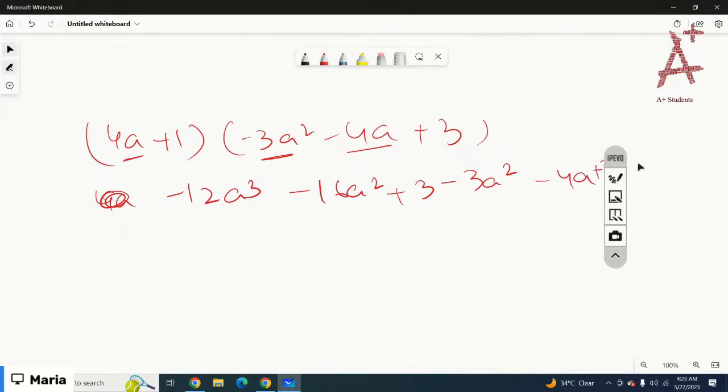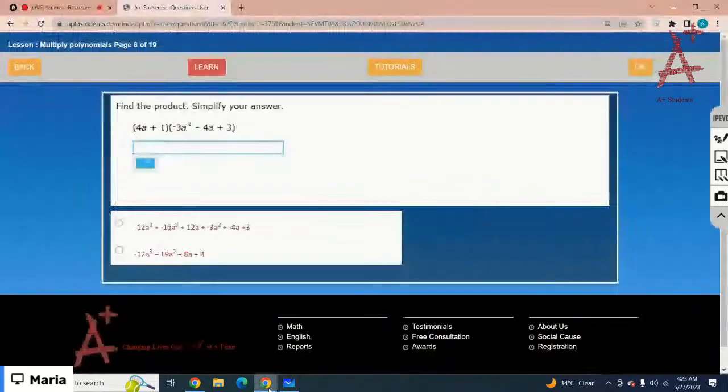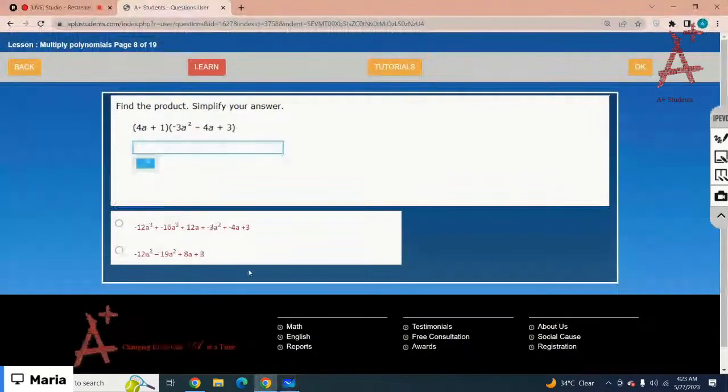Now just collect the like terms. So you don't have any for the cube, so it would be negative 12a cube, then negative 16 and negative 3 makes negative 19a square. It would be plus 4a, and 3 plus 3 is 6. Got it? So the correct option is... okay, they didn't collect the like terms in the other options.